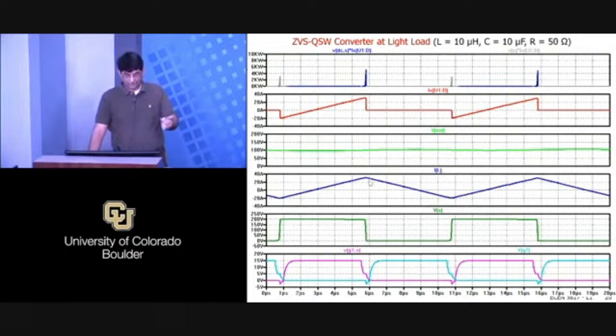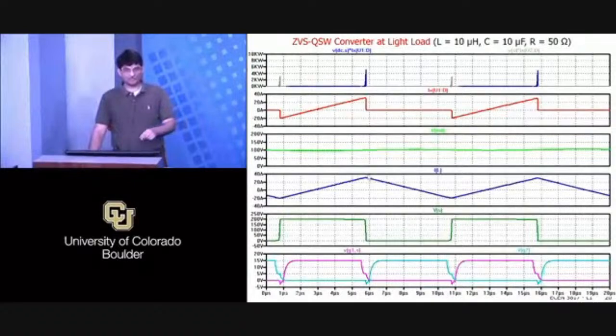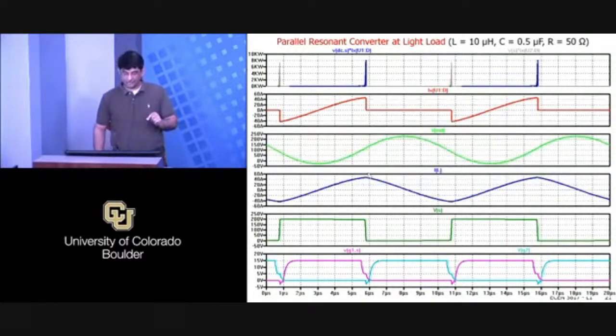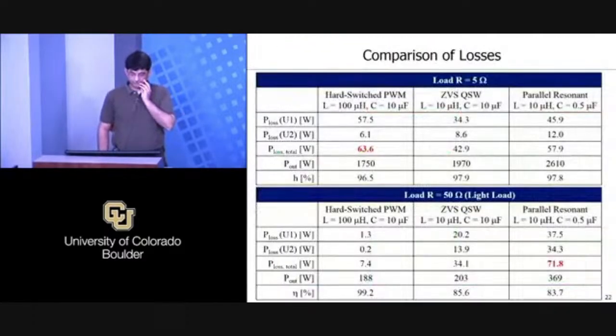Again, because you have larger ripple here, so the turn off currents are larger, and just the thing I just explained, you will have higher losses in this, right? And then the resonant is even worse because it has even higher ripple, and so while it reduces all the diode reverse recovery losses, the turn off loss again is higher because you have higher turn off currents, right? And your RMS currents are going to be higher, so your conduction losses will also be higher.